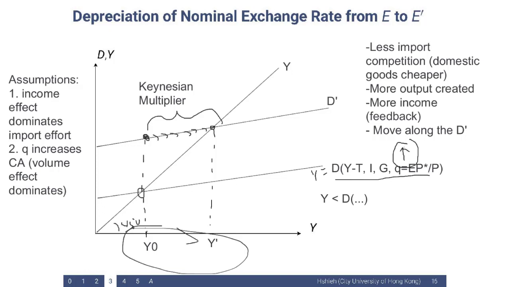Okay, well, how does it shift? Think about it this way. Remember at this point here, we essentially have Y equals demand. Now, if we increase E, I'm going to erase this here because it's confusing. If we increase E, what's going to happen, assuming Y doesn't change immediately? What's going to happen is Y is going to be less than D, and then dot, dot, dot is all the parameters.